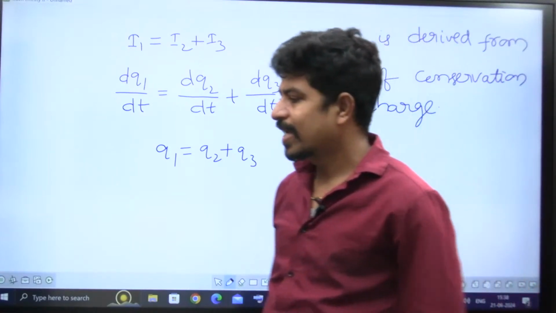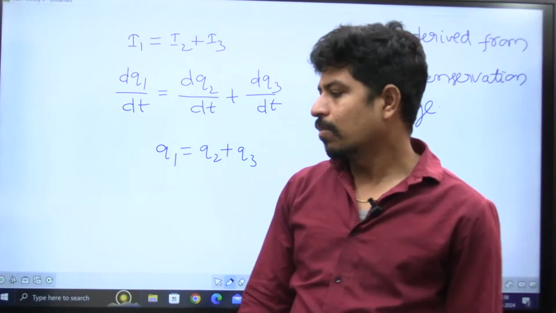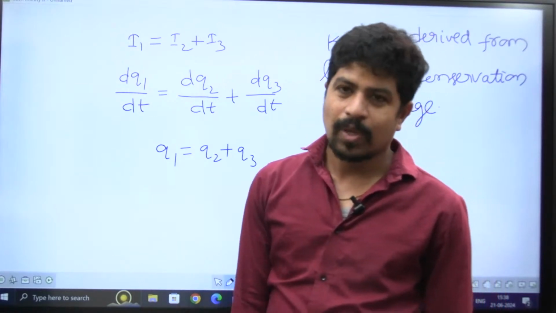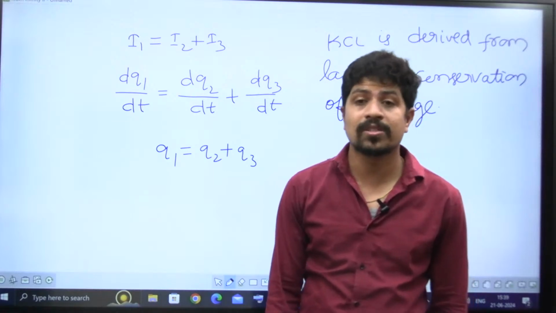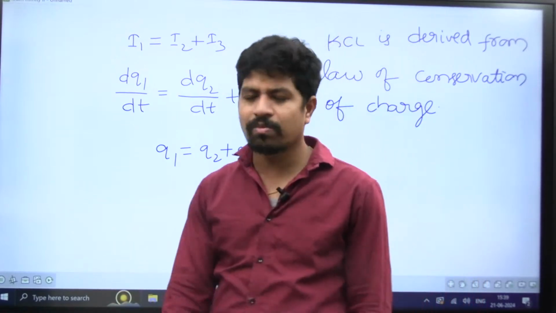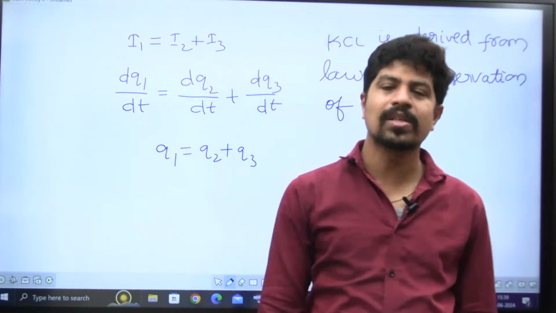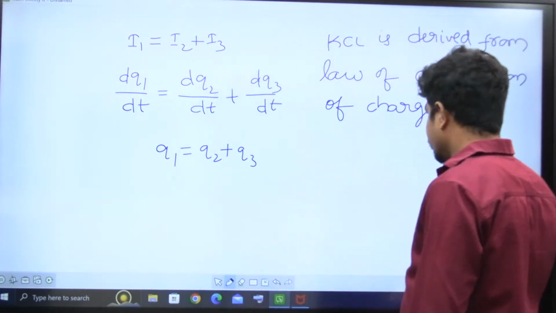That's about KCL, Kirchhoff's current law. But Palash, it is not derived from the law of conservation of energy. It is derived from the law of conservation of charge. There is a proof for that, and for KVL also, but don't go to that depth. It will waste your valuable time.